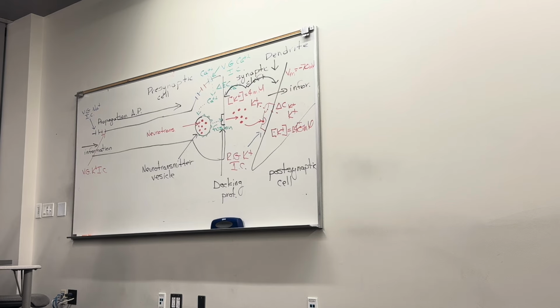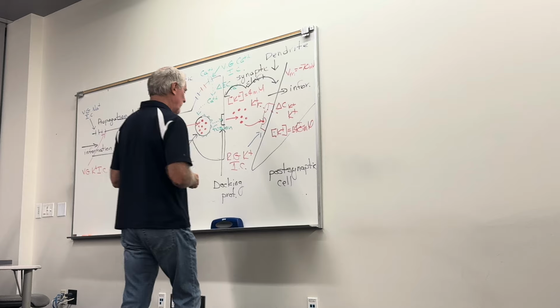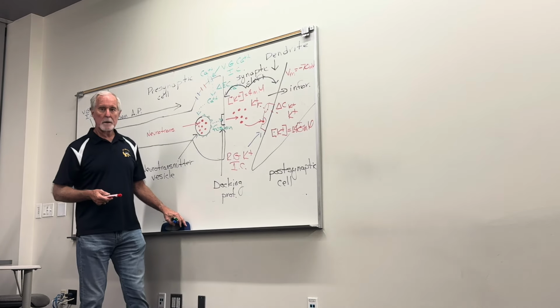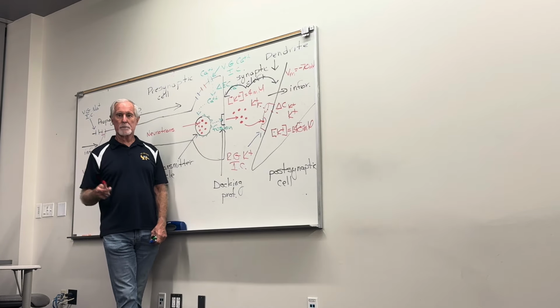The electrical gradient favors the movement of potassium in which direction? Out of the cell, right? Because Coulomb's law says that like charges attract and opposite charges repel.